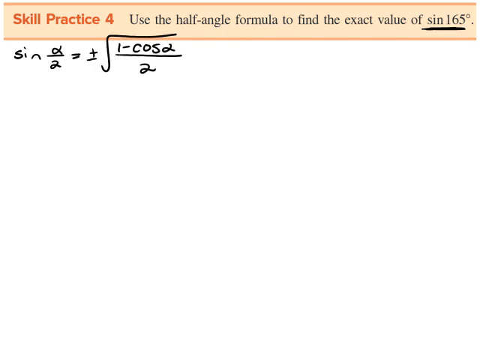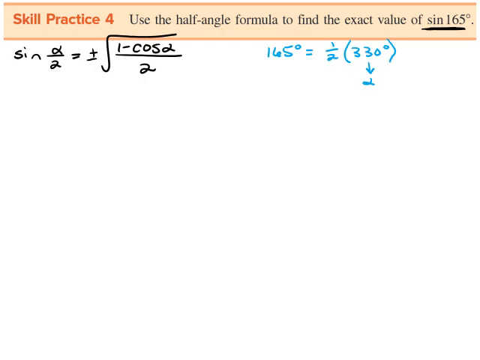If we are starting with 165 degrees, we want to figure out what is half of something to be 165. Half of 330 degrees is 165. So our alpha in our formula is going to be 330.